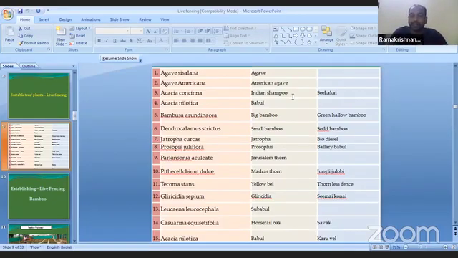And Jatropha is very important and very good for making fencing. We use Jatropha for other purposes also, it is a biodiesel.